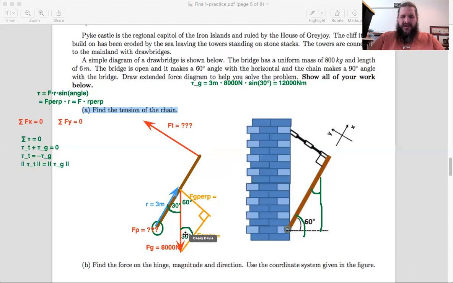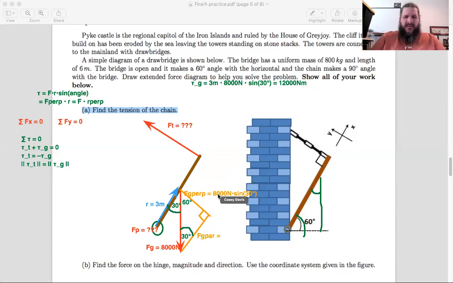Yeah, sine should work here because the perpendicular component is opposite from the 30-degree angle. So we could say that's 8,000 newtons times sine of 30 degrees. You could alternatively say it's 8,000 newtons times cosine of 60 degrees because this is adjacent to the 60-degree angle. But again, I think it would be preferable to use the 30-degree angle because that's most directly related to what we already got here.